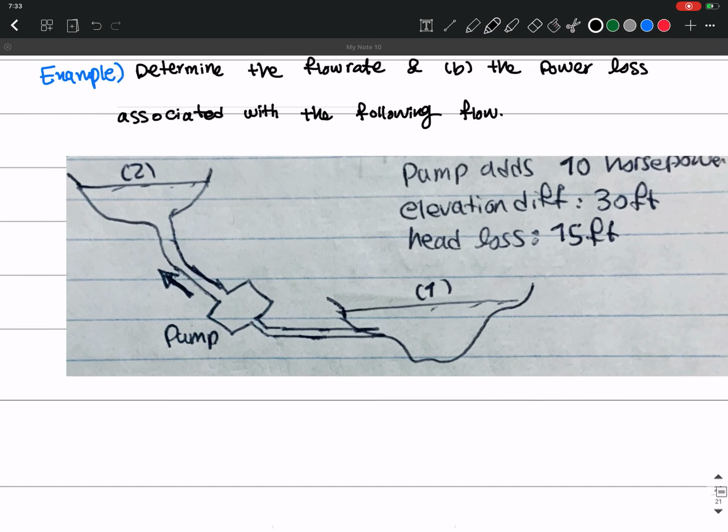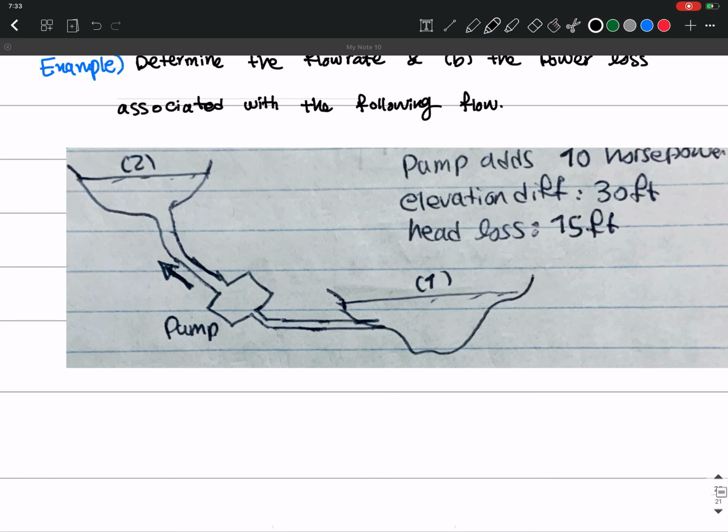Okay, so what do we have here? We have two reservoirs, reservoir 1 and reservoir 2, and we have water here.